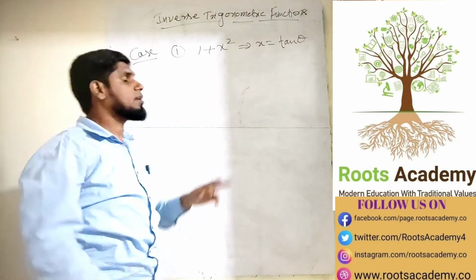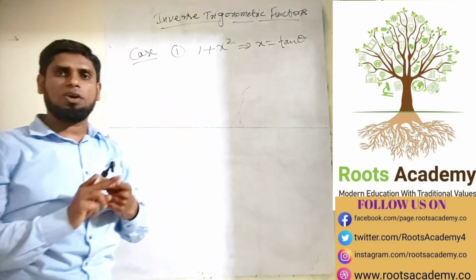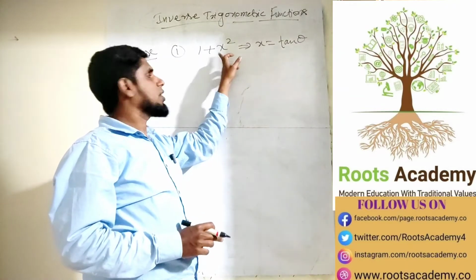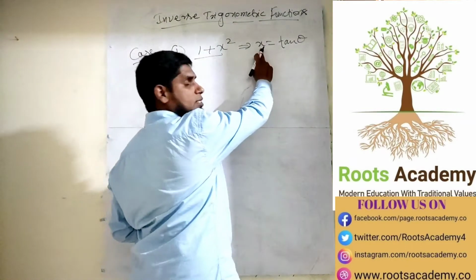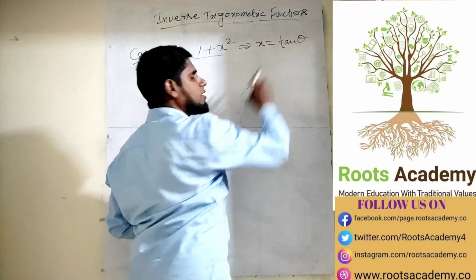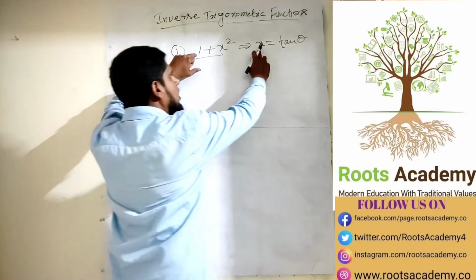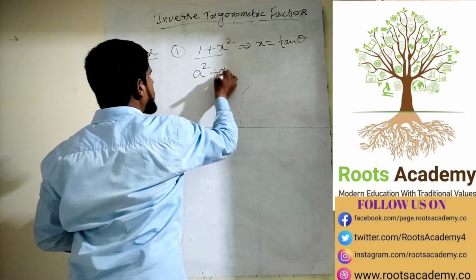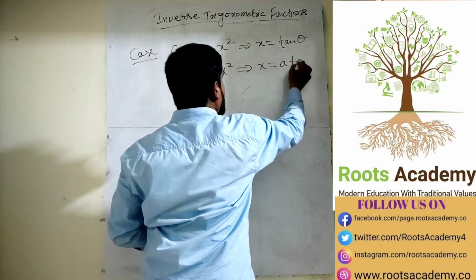If it is a square plus x square, then we take x as a tan theta.